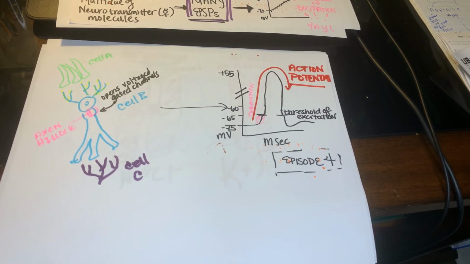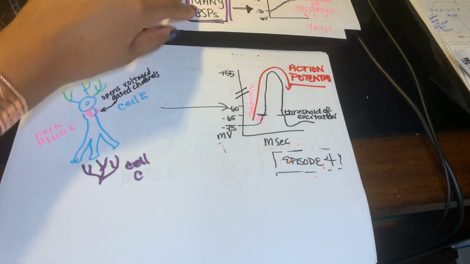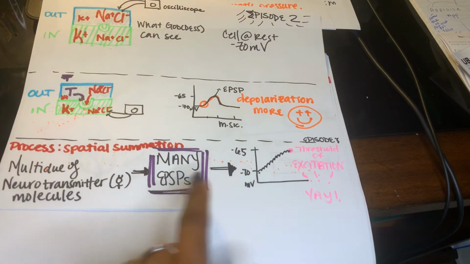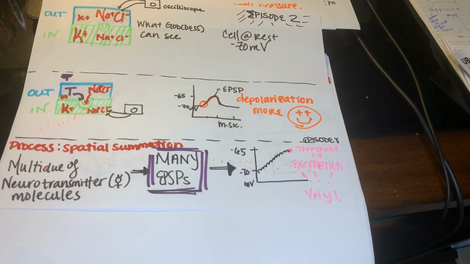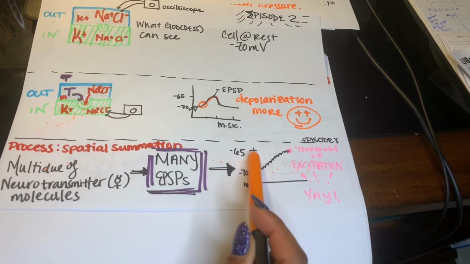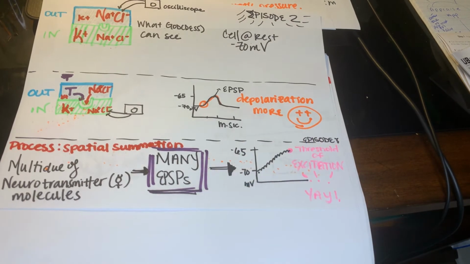They then reach the threshold of excitation because of these many EPSPs, which is at -75 millivolts. This process is called temporal summation or spatial summation. This entails that an action potential is beginning.